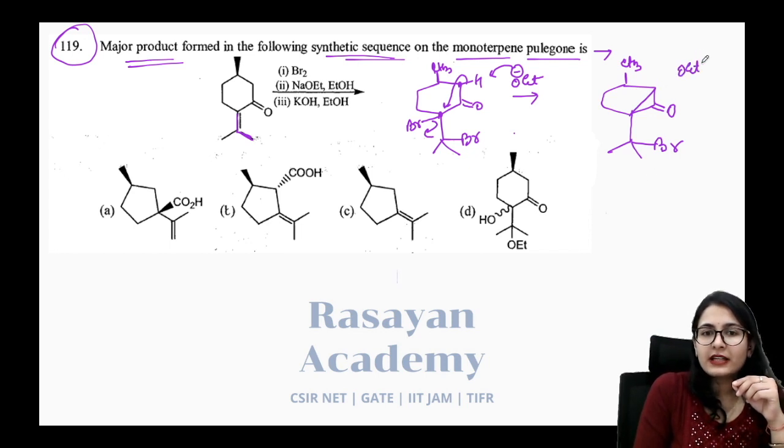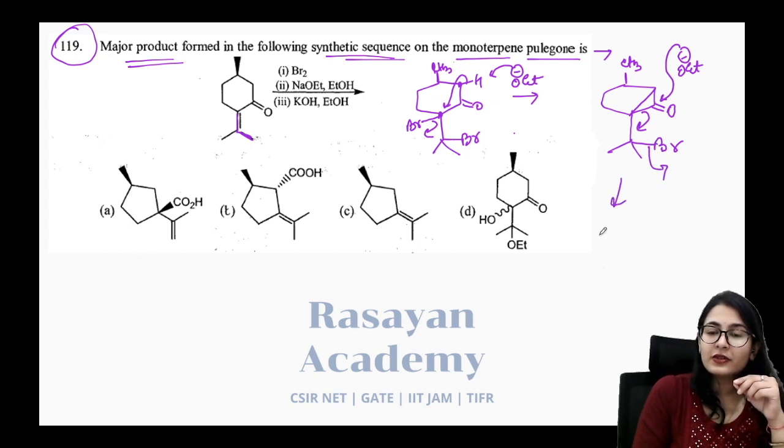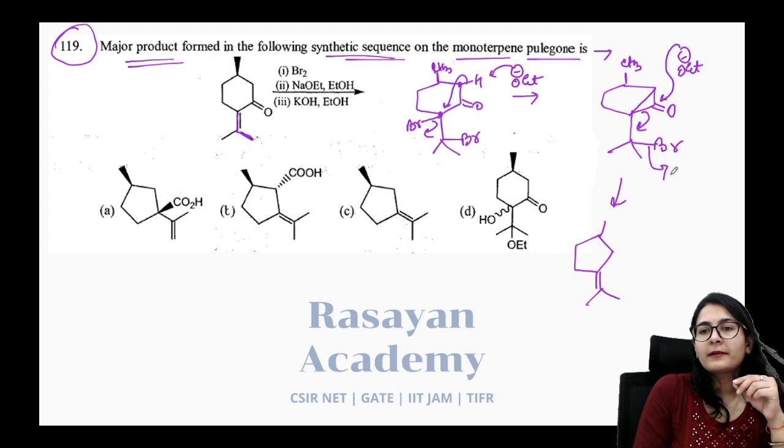Now this ethoxide is once again going to attack over here, and the ring has to open up on this side. Why? Because there is a leaving group. So if the ring is opening up on this side, it is going to be driven by the leaving of your Br. So you have one CH3.